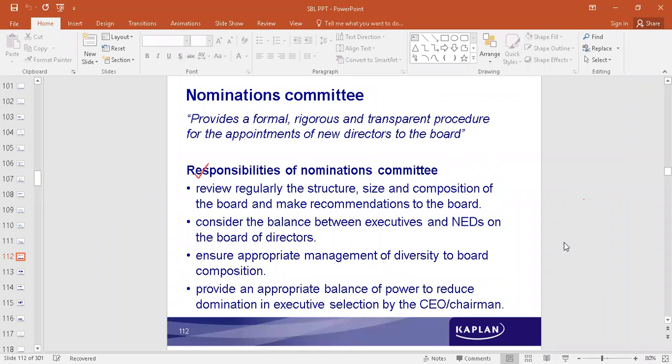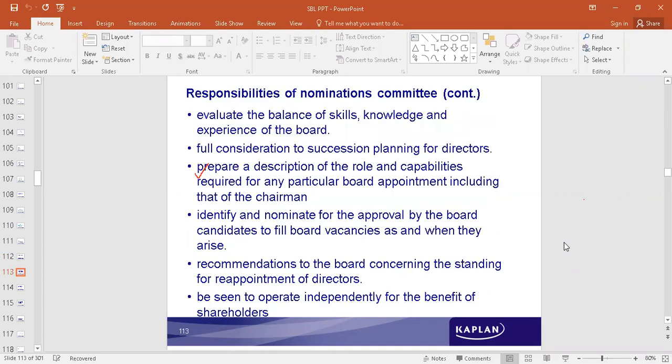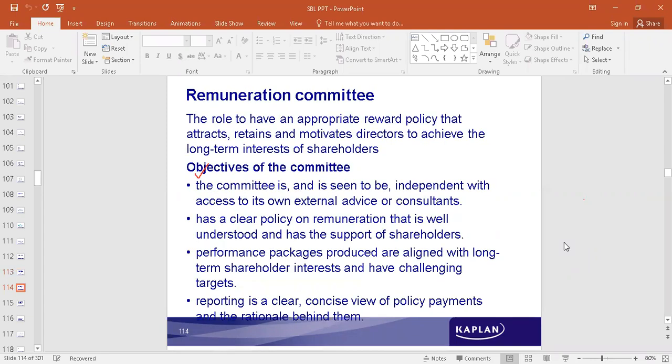It is basically about nominating executives on the board of directors, looking at the roles and responsibilities of the executives, and the role of the CEO, chairman, etc.